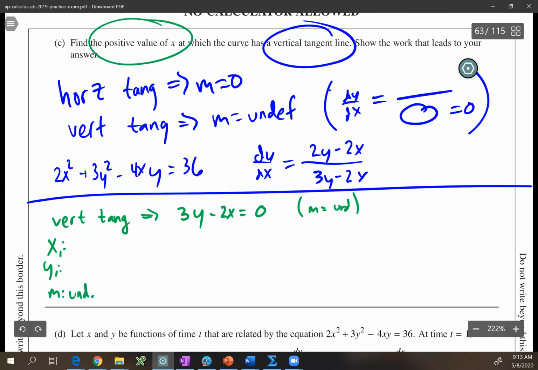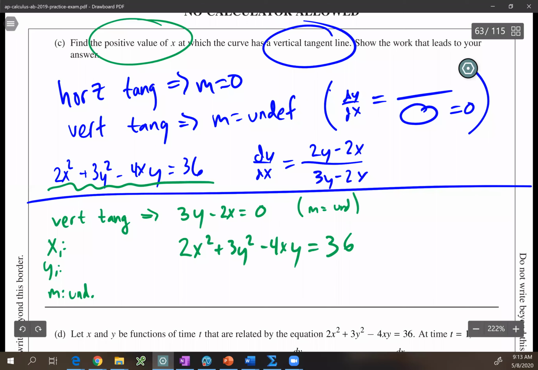Now, the problem is with 3y minus 2x equal to 0, we cannot just solve that because there are two variables. So we need to ask, is there another equation that has x and y in it? Well, there is, and that's this original. So we have 2x squared plus 3y squared minus 4xy equal to 36.